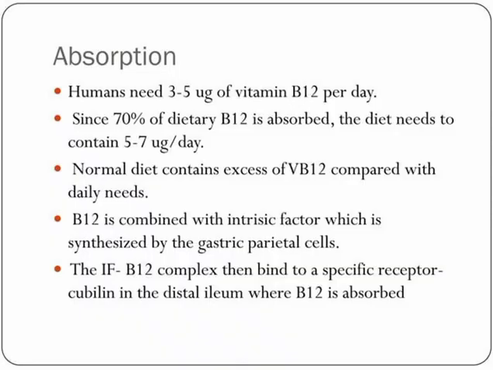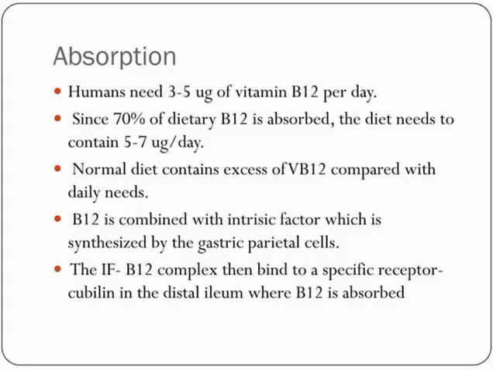Here, mainly, how the absorption takes place. First, it will bind with the intrinsic factor, that is IF. Vitamin B12 combines with the intrinsic factor, a glycoprotein synthesized and secreted by the gastric parietal cells in the stomach. Once it binds with the intrinsic factor, it forms a complex, that is the IF-B12 complex.